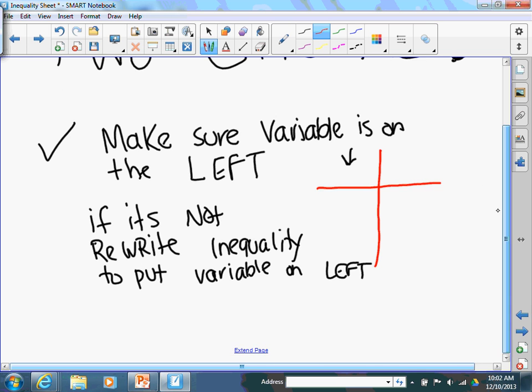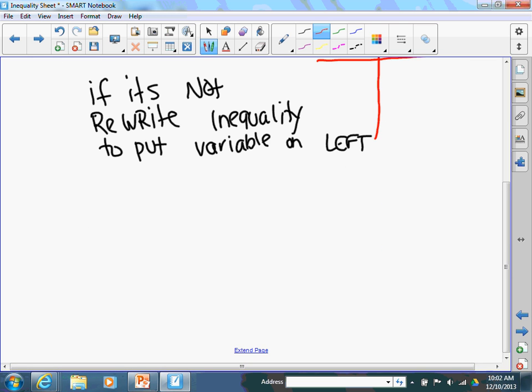There's your first check. The first thing we have to make sure we do, the variable has to be on the left-hand side. Okay? Now, here's the second check.